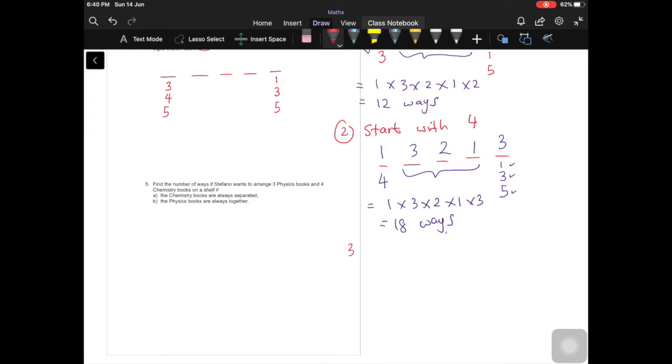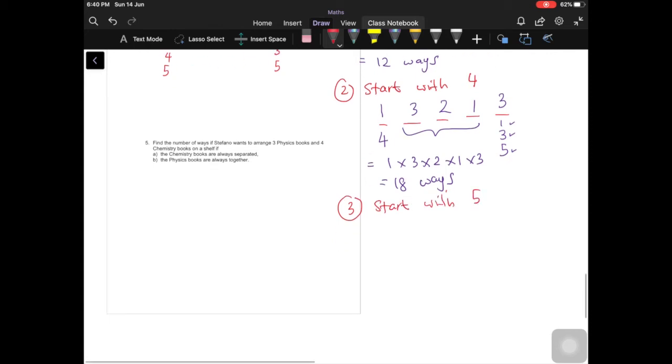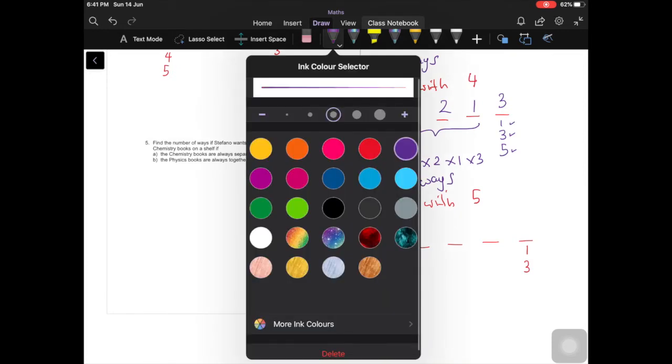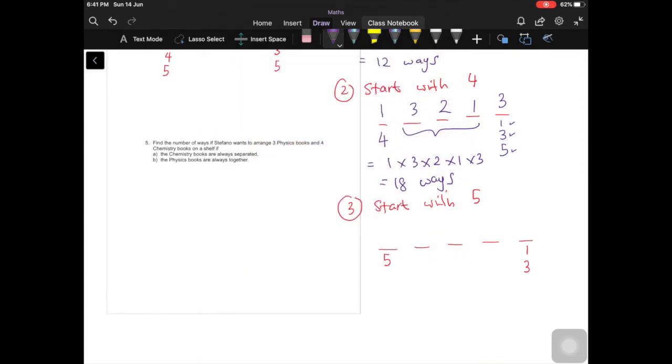And the last possible case is starting with 5. Same thing, 1, 2, 3, 4, 5. The first digit is 5, which means we are only left with 1 and 3 for the last digit. How many choices do we have for the first digit?